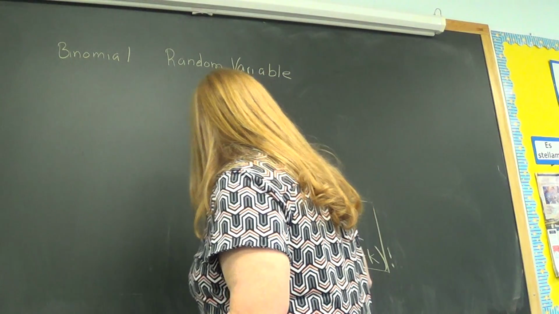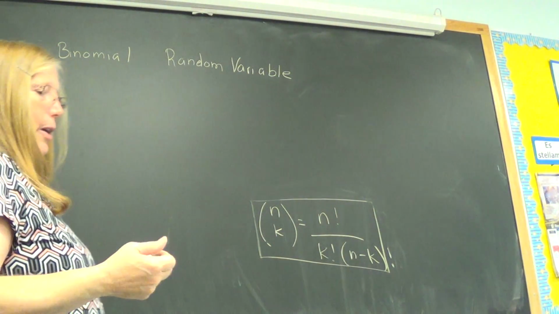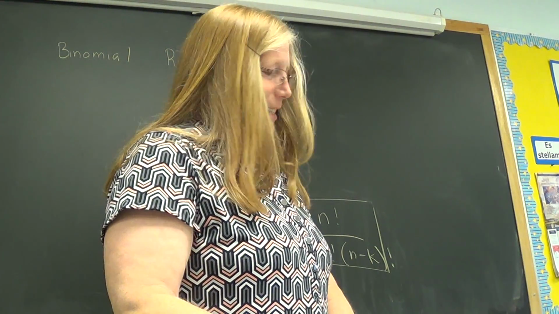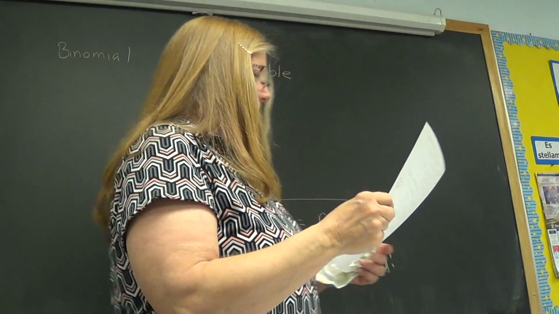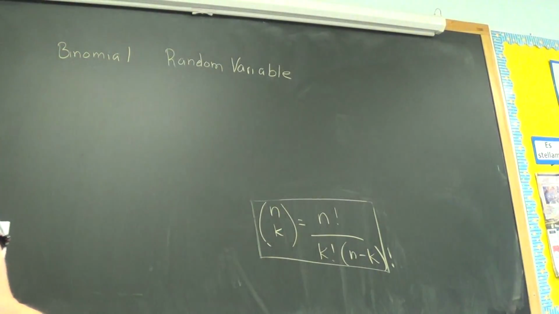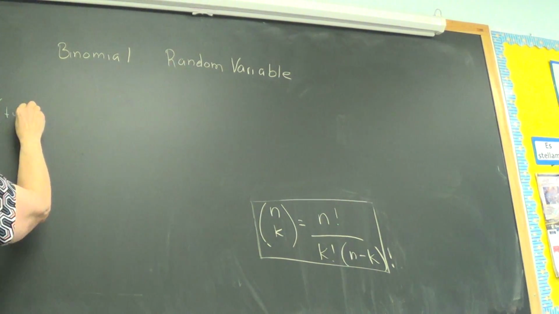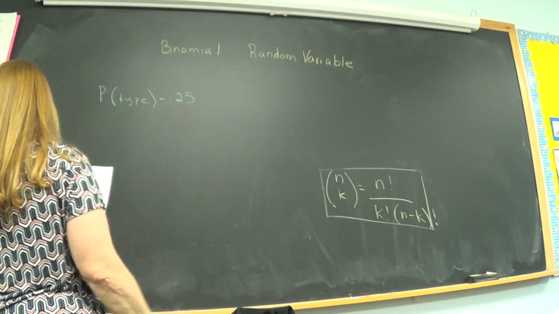All right, let's go ahead and look at an example, the blood type O thing. I didn't think I copied this for you, but we can just take a note on it. Say that you are looking for blood type O, and say the probability of type O on any birth is 0.25, which we just looked at.